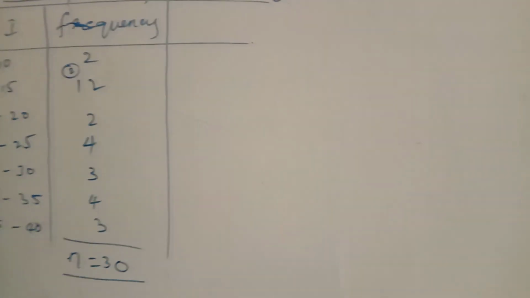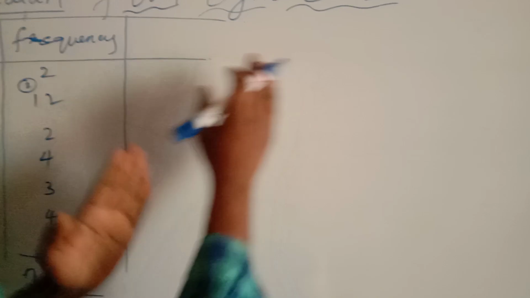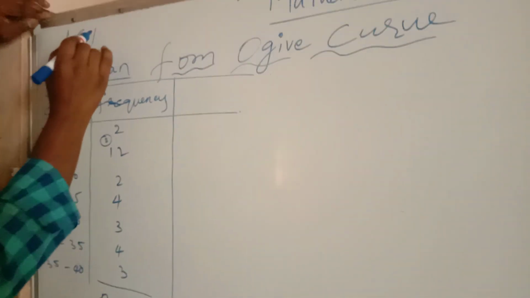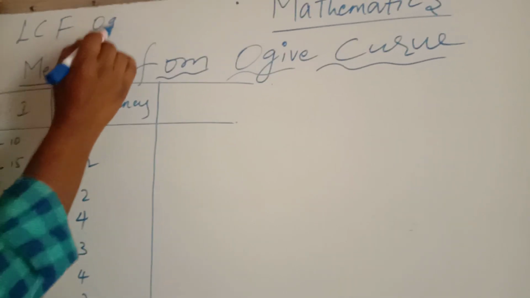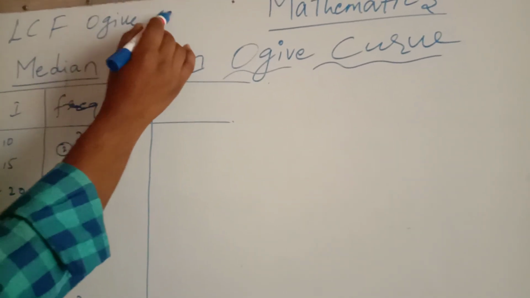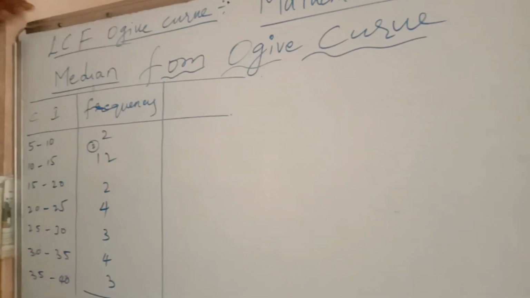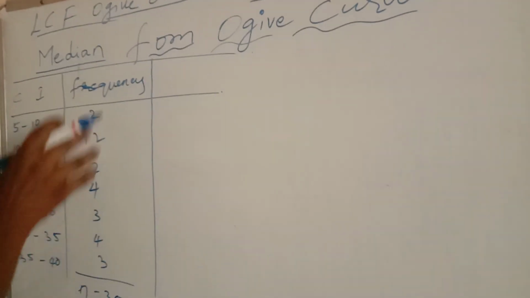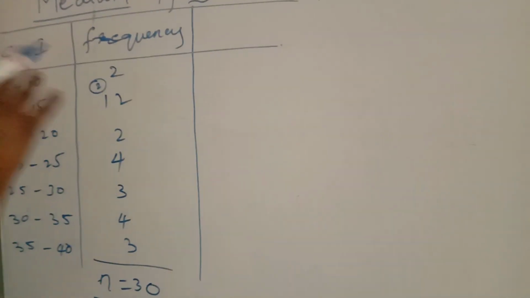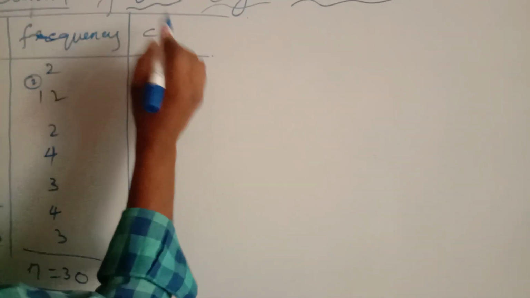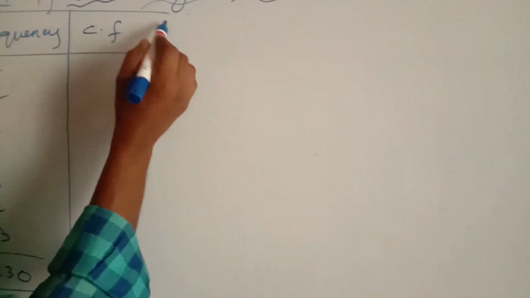Now, by using this question, I'm drawing the LCF Ogive curve. The third column you are getting is the cumulative frequency.